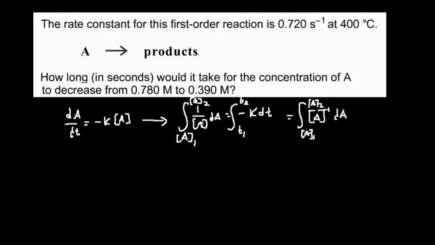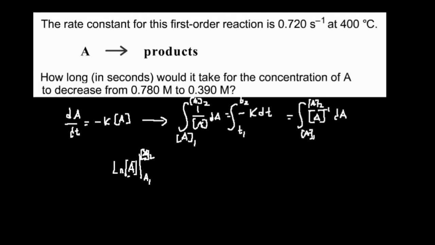All right, now I'm going to integrate this. This is a tough integral if you don't remember what it is. But if you ever integrate A to the minus first, that's going to be natural log of A evaluated from A1 to A2.